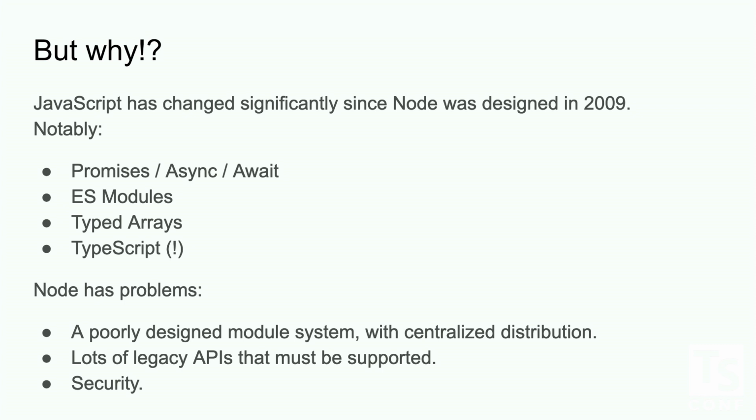And typed arrays. Originally, when we designed Node, there was no concept of using binary data inside of JavaScript. And that led to some weird design issues. Well, these days we have typed arrays, and that's very good. And of course, there's TypeScript now, which is a very nice addition to JavaScript.